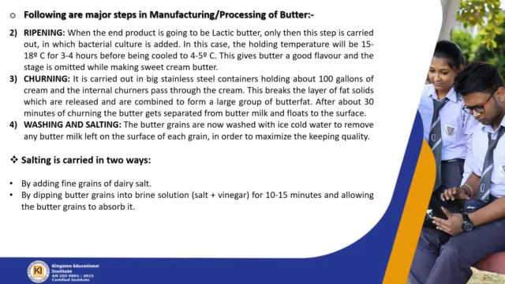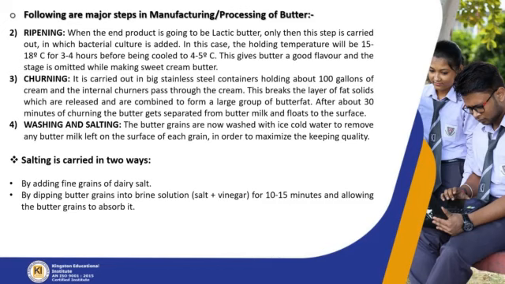Next is ripening. When the end product is going to be lactic butter, only then is this step carried out, in which bacterial culture is added and the holding temperature is 50 to 80 degrees Celsius for 3 to 4 hours before being cooled to 4 to 5 degrees Celsius.